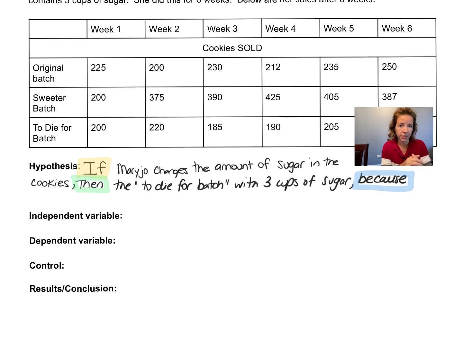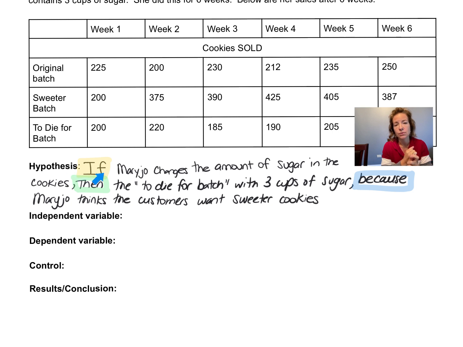The because part is because Mary Jo thinks that the customers want sweeter cookies. So if Mary Jo makes cookies with different amounts of sugar, then the cookies with the most sugar, which is the to die for batch that contains 3 cups of sugar, will sell the greatest because Mary Jo thinks that the customers want sweeter cookies.